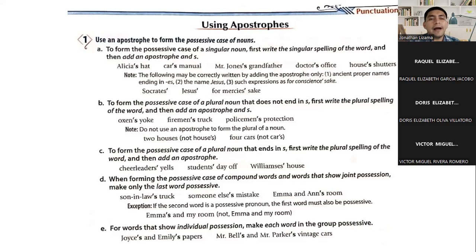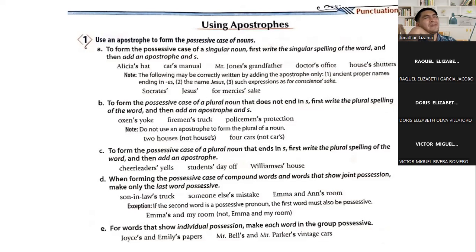Letter B. To form the possessive case of a plural noun that doesn't end in S, first write the plural spelling of the word and then add an apostrophe and S. Oxen's yoke, fireman's struck, policeman's protection. ¿Qué está pasando acá?